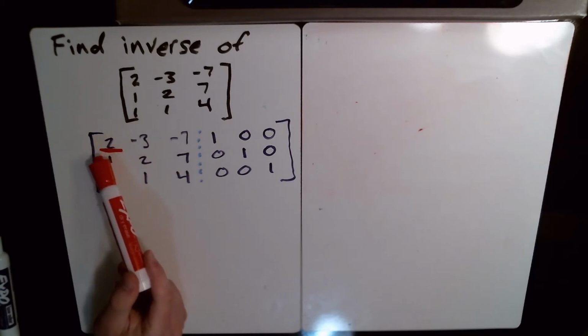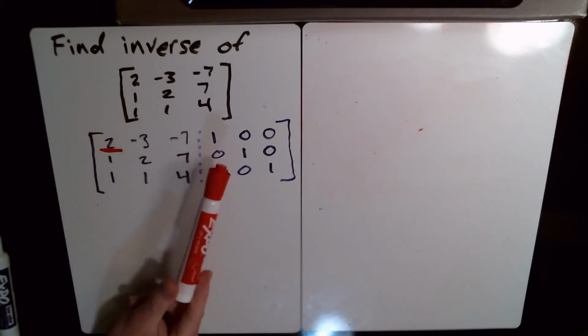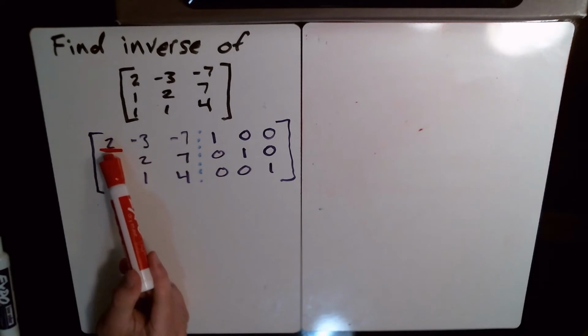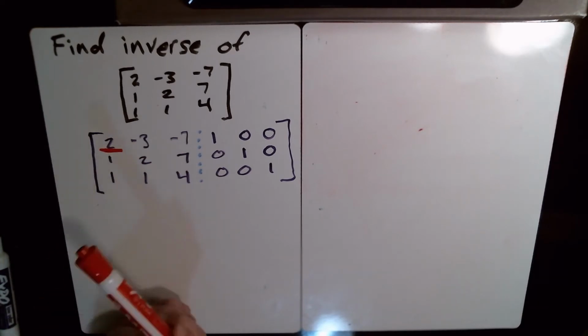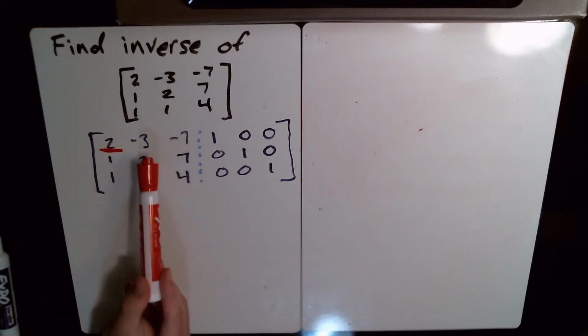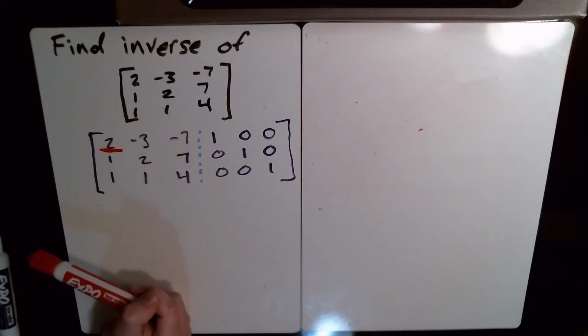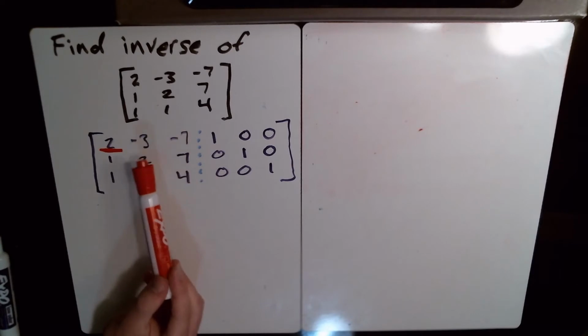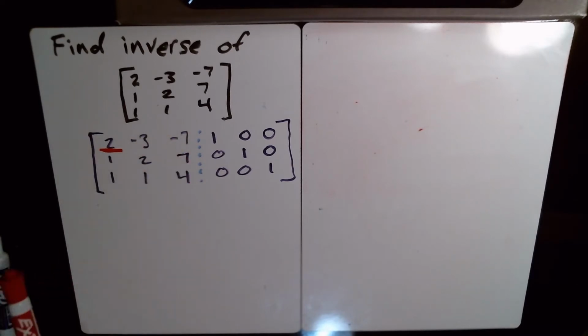And so to make that be a 1, there's several things I could do. I could divide by 2 across the whole row to get rid of this 2, so that I'd have a 1. But if I divide all of this by 2, I get fractions on these others, and I don't particularly like fractions.